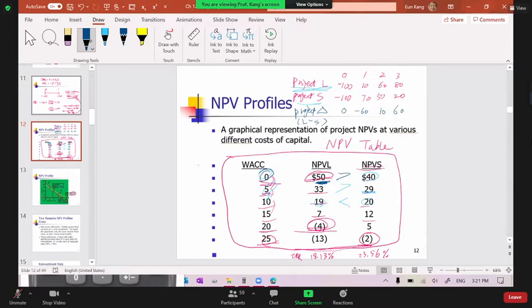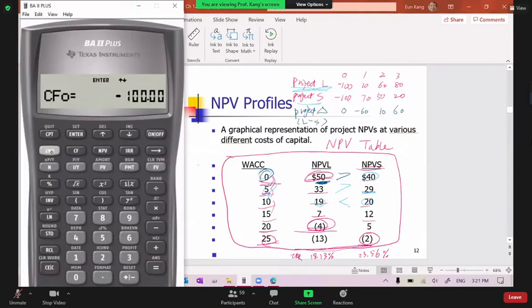I found it taking the IRR of the cash flows from project delta. Check. Good answer. Why? Because for project delta, let's just enter project delta's cash flow: 0, and negative 60, and 10, and 60.